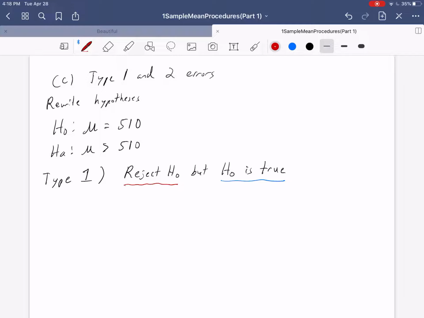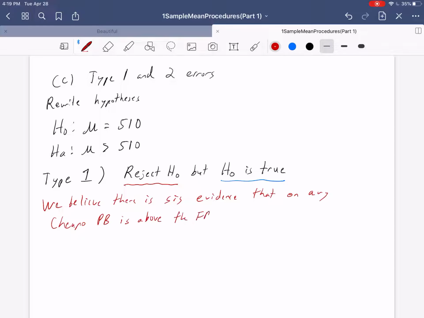So this would mean we believe there is significant evidence that on average, cheapo peanut butter is above the FDA limit. Okay, so this would be where we're rejecting H0.